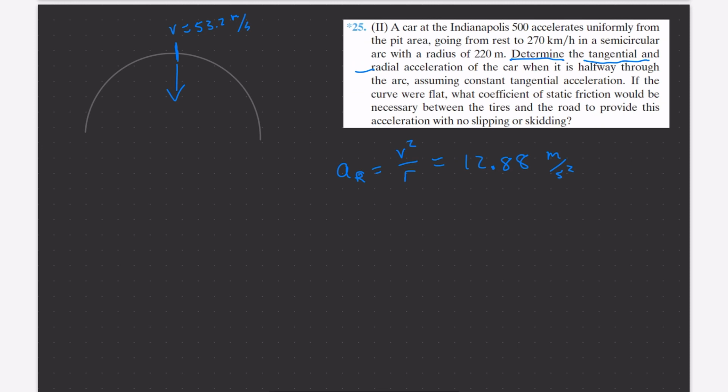Now, it says if the curve were flat, what coefficient of static friction would be necessary between the tires and the road to provide this acceleration with no slipping? All right, so now we just really have to consider the centripetal force, and we're going to set it equal to the static friction force to see how much static friction we're going to need. So we know that the force is just going to be equal to the mass of the car times 12.88 meters per second squared.